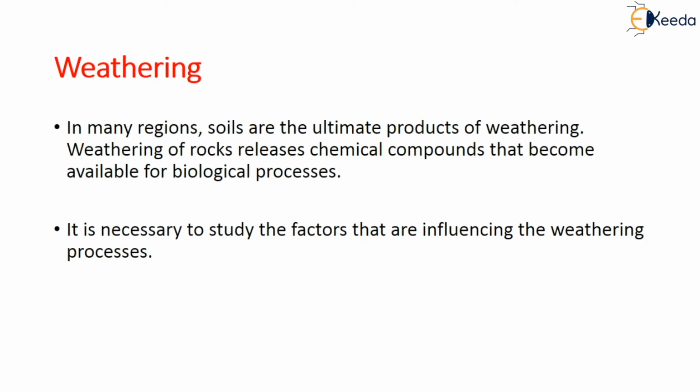In many cases, soils are the ultimate products of weathering, where they release chemical compounds which are available for biological processes also. It is noted that it is a unique phenomenon which is happening on the surface of the earth.